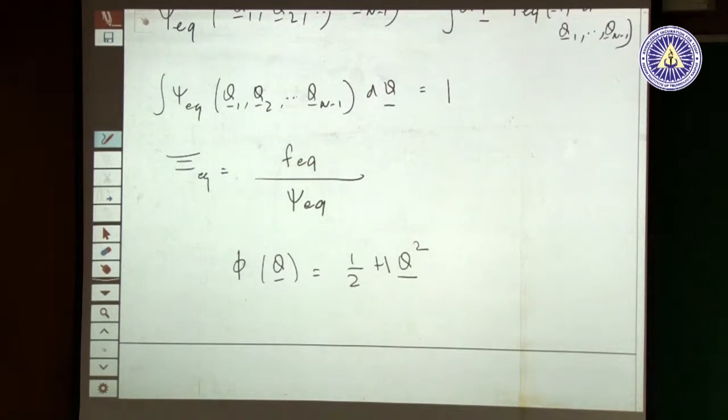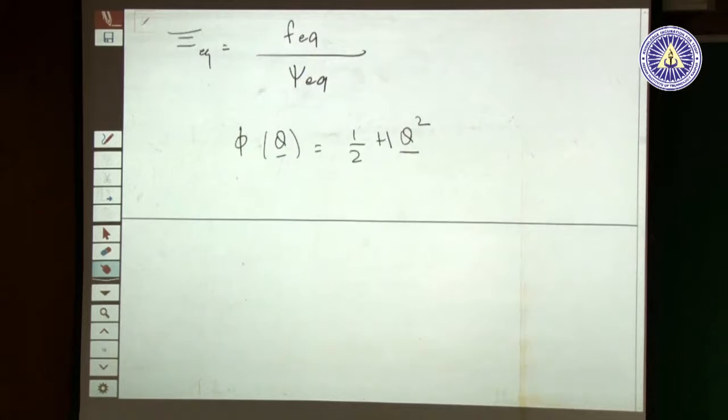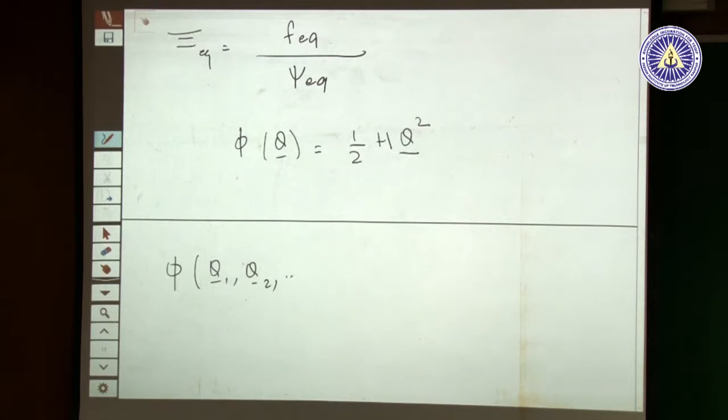So, for a chain of Hookean springs, then the total potential energy would be the sum, okay, half H q_k squared, k going from 1 to n minus 1, right? That would be the total potential energy.